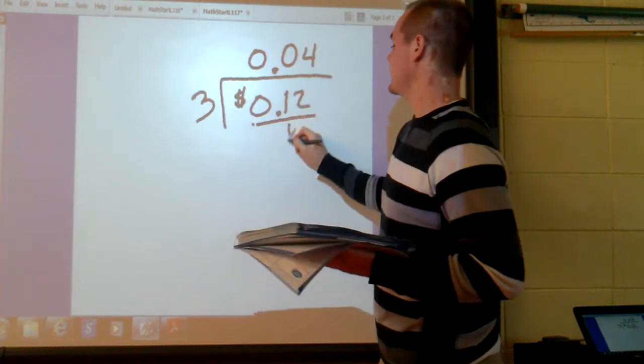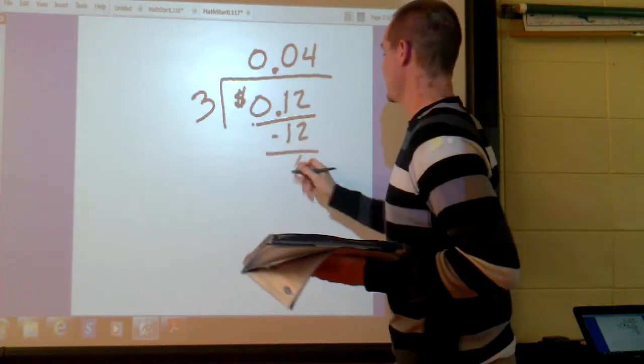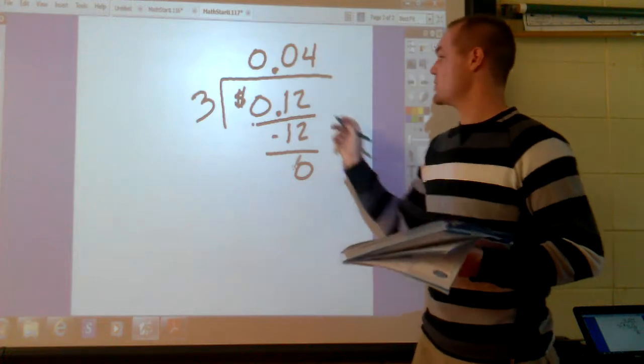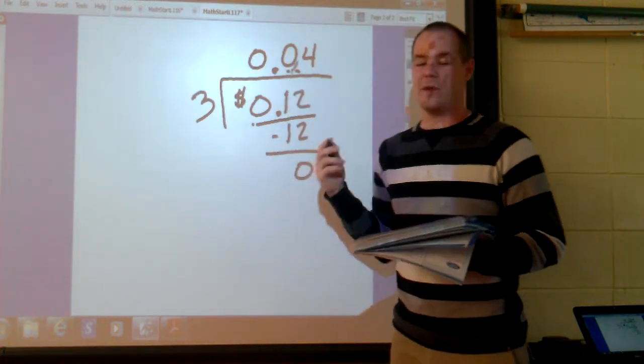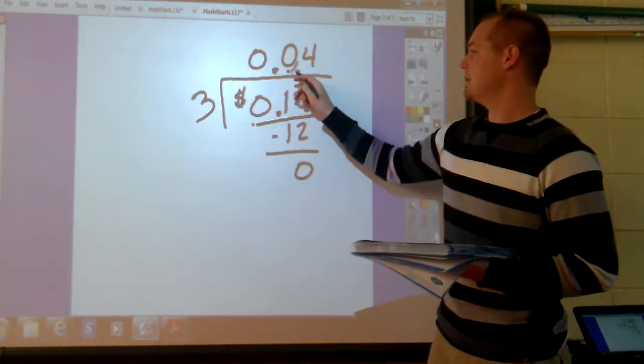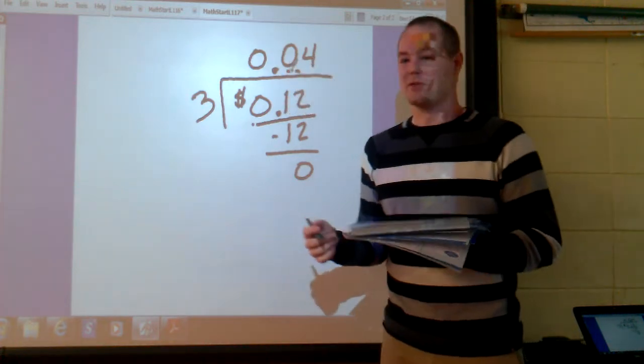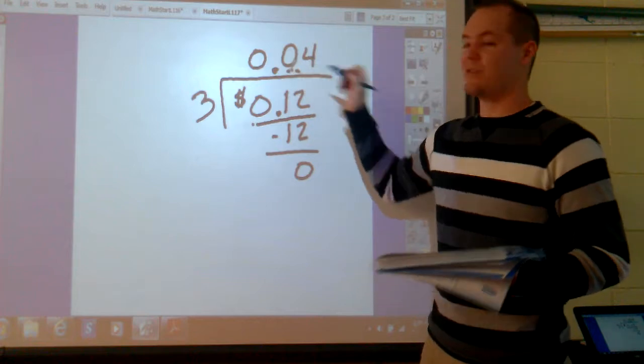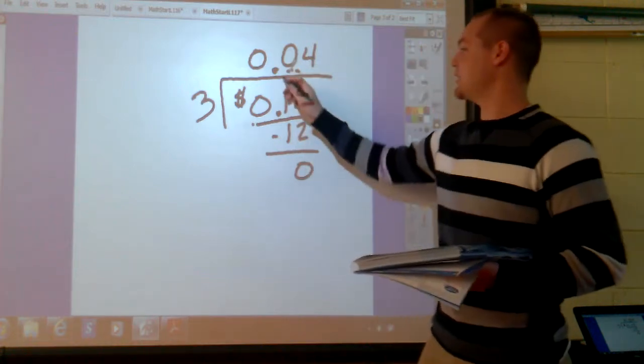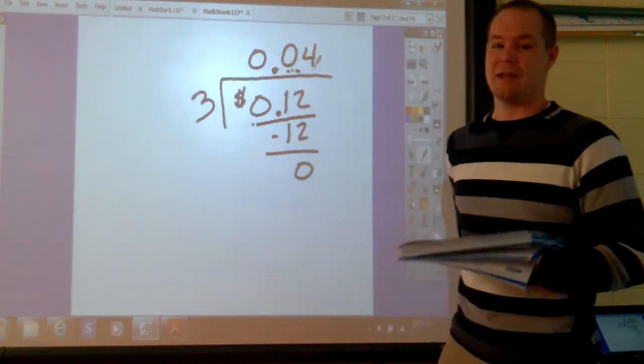And 4 times 3 is 12. You have no remainder. You do have to represent the tens place value with a 0. If you forget, then you're showing that 4 tenths is the same as 4 hundredths, and it of course isn't. So the 0 does have to hold a place value if it lies between your decimal point and your last digit.